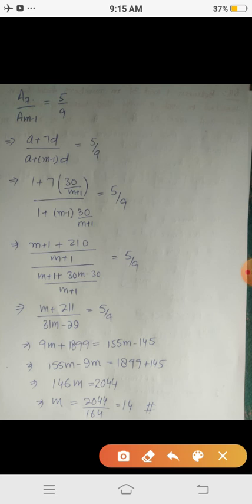Putting d equals 30 by m plus 1 and a equals 1, by cross multiplication and simplifying, we get m plus 21 upon 31m minus 29, which is 5 by 9. Again by cross multiplication, we get 146m equals 2044, which is m equals 2044 upon 164, which is simply 14. So in this way we find the value of m.